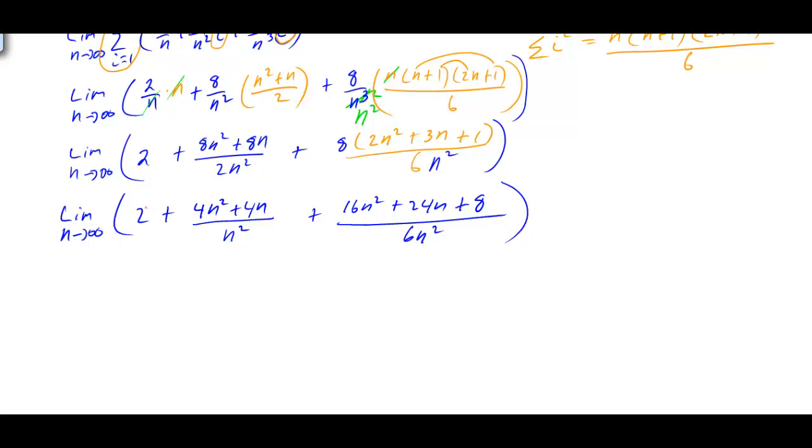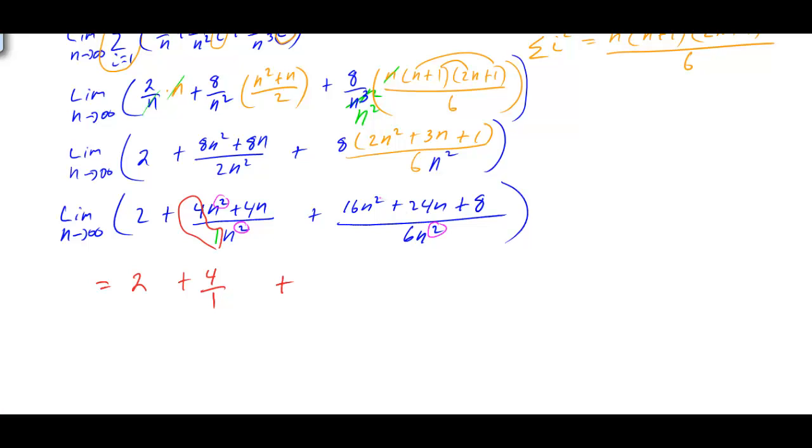And if we take the limit, of course, of 2 as a constant, that would simply be equal to 2 because there's no n here. The next term here, we have the same exponent on top, so that means we can look at the ratio. In this case, the coefficient on the bottom is understood to be a 1. So we would have 4 over 1, so that's plus 4 over 1, plus, and the same thing happens here.